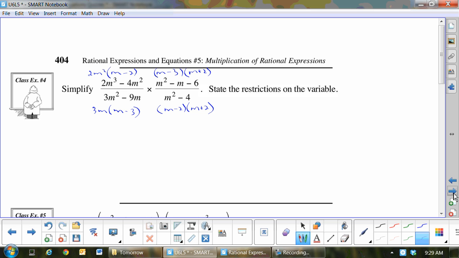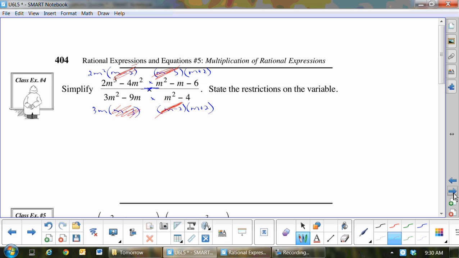Now, if anywhere on the top can cancel with anywhere on the bottom, because remember, those are all together in the same level, that times sign really, right? Okay, so I'm just going to start canceling. Let's just go left to right. I got an m minus 2 here and here, right? I have an m minus 3 here and here.